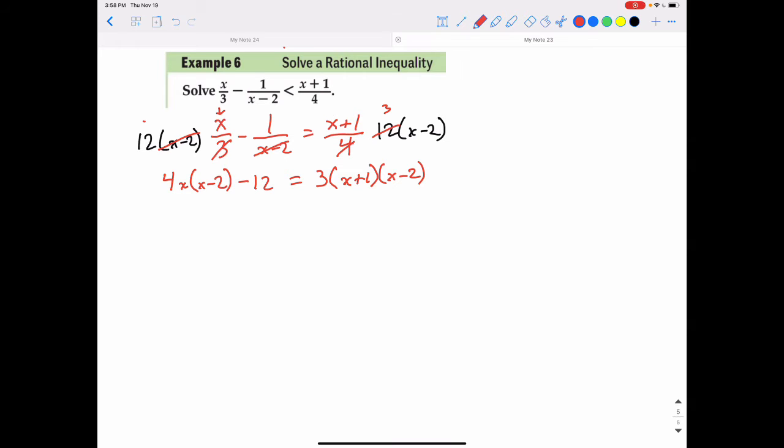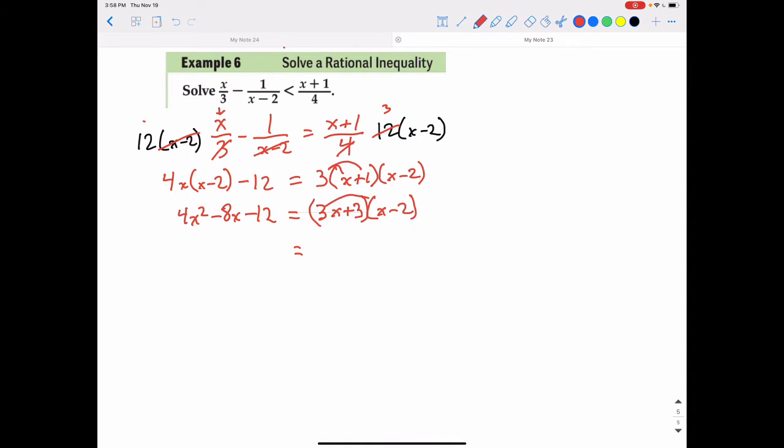So I've got to do my distributing now. This will give me 4x squared minus 8x minus 12 on the left side equals, I do need to distribute the 3 to the x and the 1 here. So that would give me 3x plus 3. And then in another step, I need to distribute that with x minus 2.